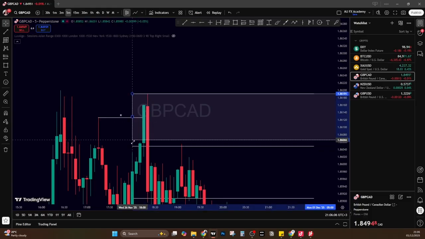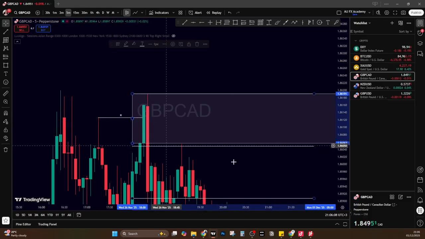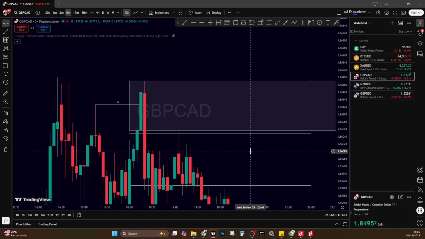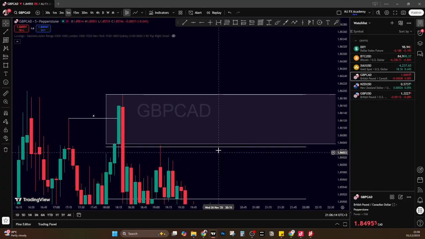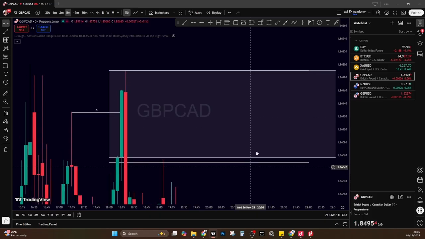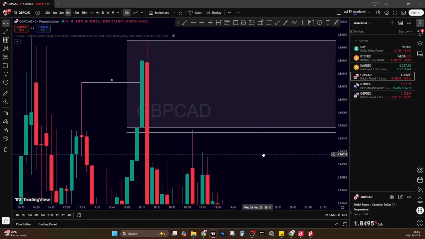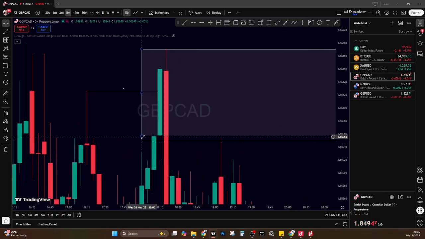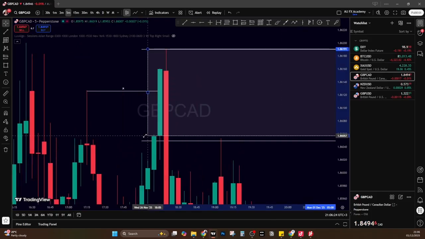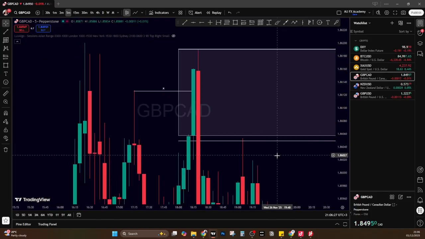If you refine this, you will see that it was not mitigated, because I told you that order blocks, especially in the lower time frame, you refine them to the body like that.